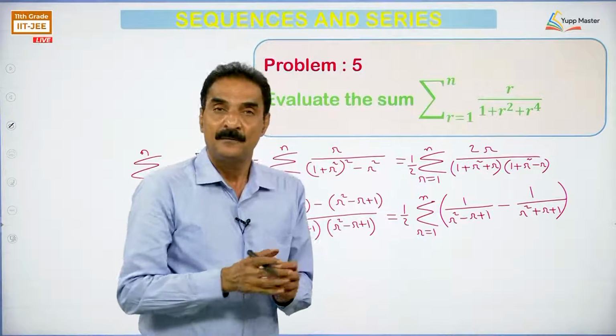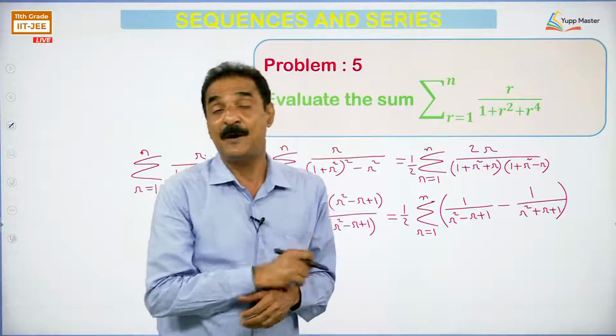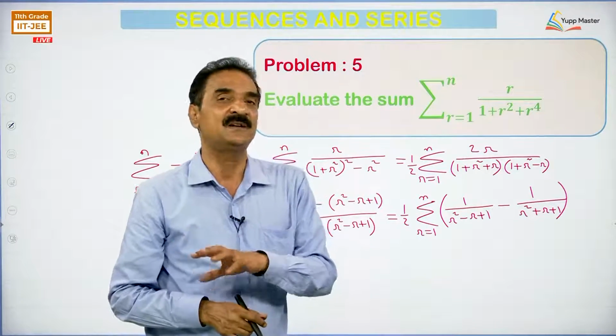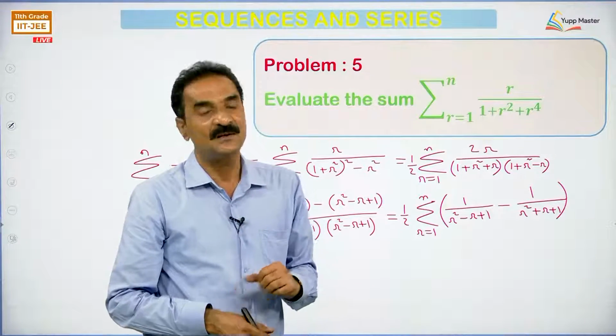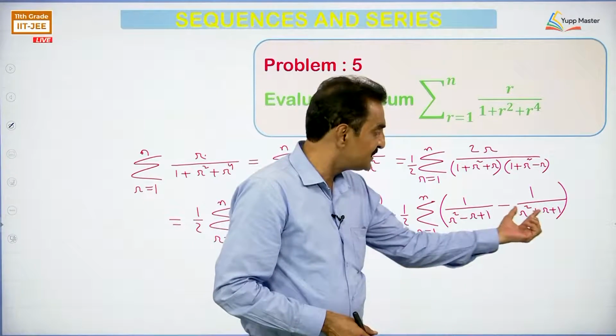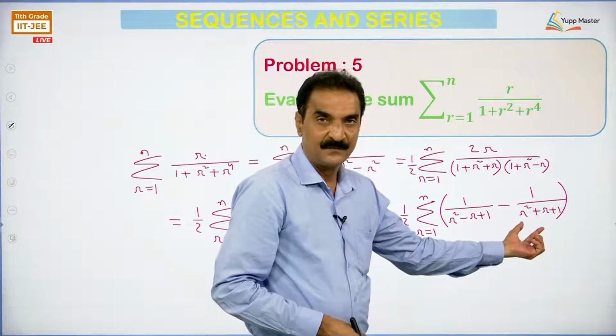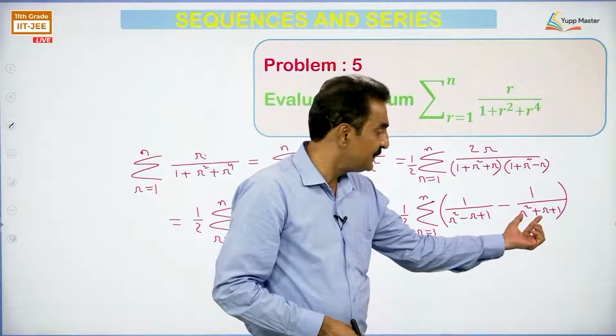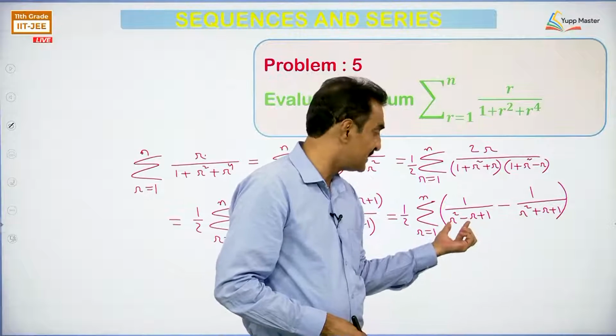Now, we got a difference, but are they in the form of u_r minus 1 minus u_r? Take the larger term as u_r minus 1. In this, if you replace r by r minus 1, you must get this.